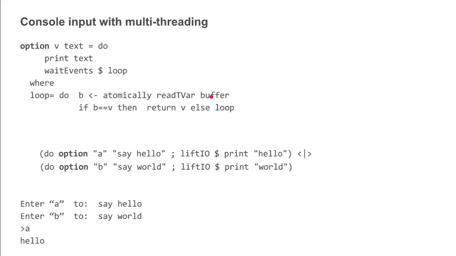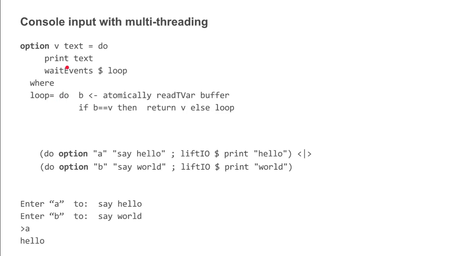This buffer is filled by a special thread that is the only one that really reads the standard input and fills the buffer whenever the user presses enter. Each thread waiting for an option examines the buffer with STM, and when it matches, it returns the value, and the wait events generate a thread, and the continuation is executed.